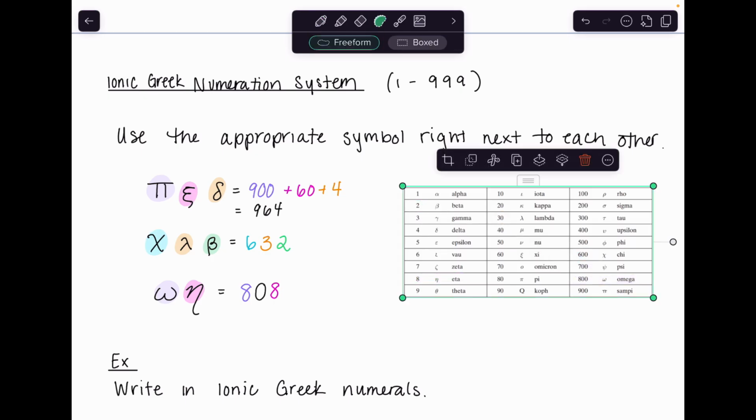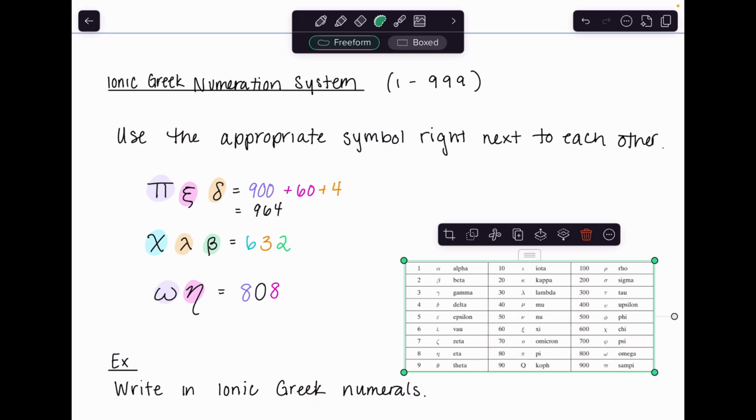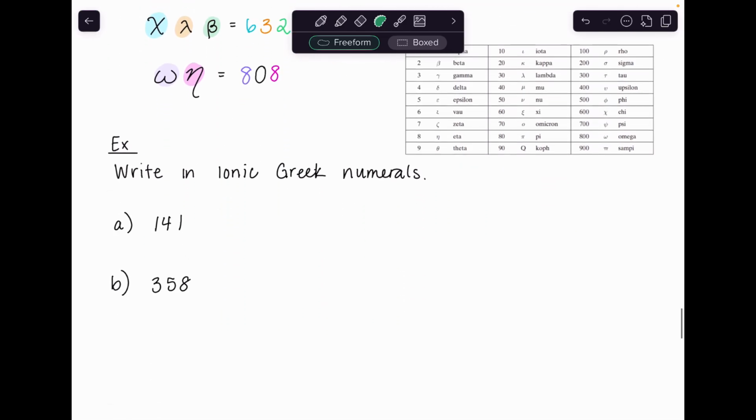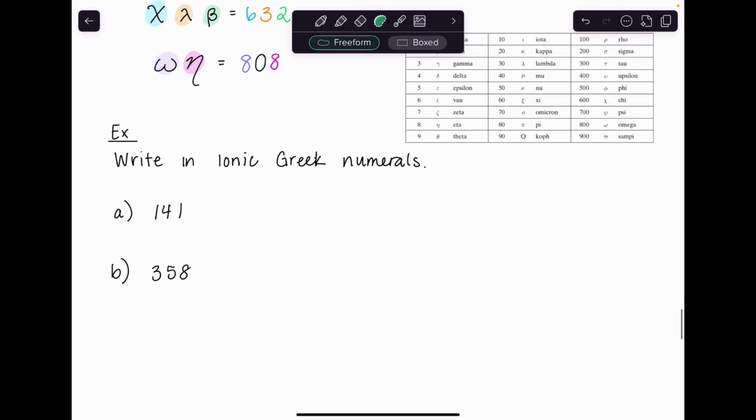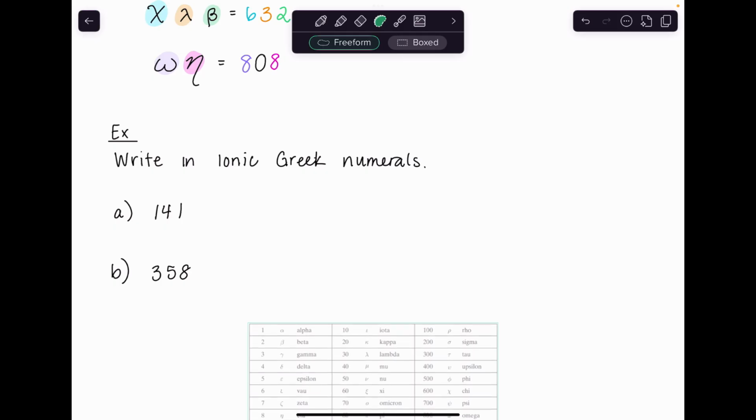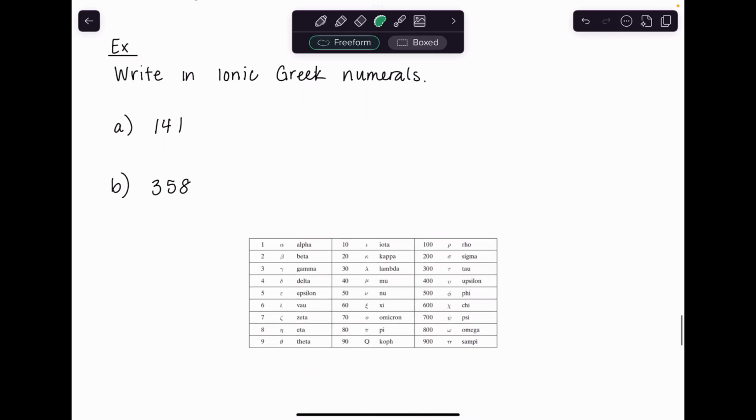So this is another one that it's not too bad to actually write in Ionic Greek. So we're going to try some examples of that, and then we are really done with all of these numbering systems. So breaking this down, this is 141.